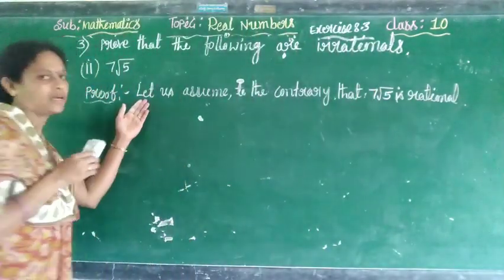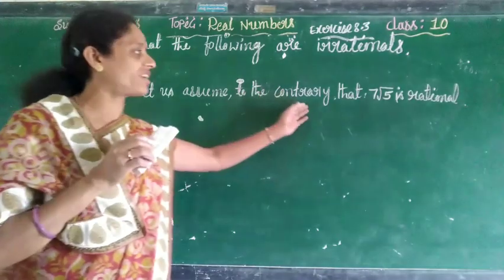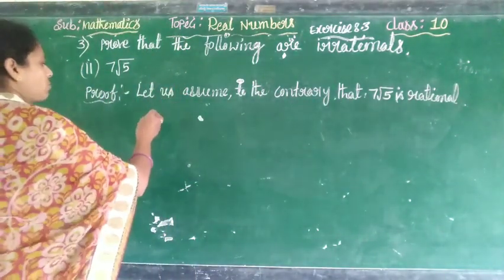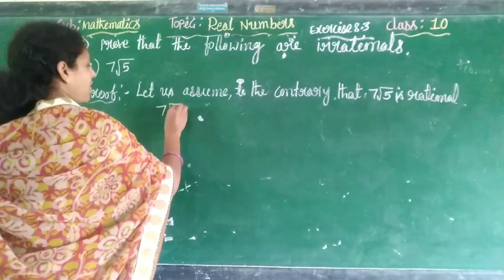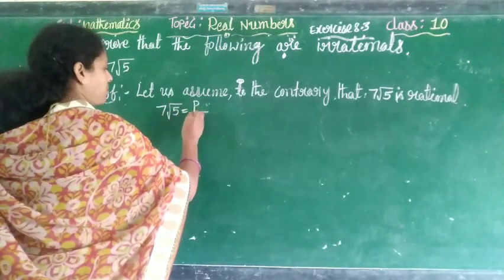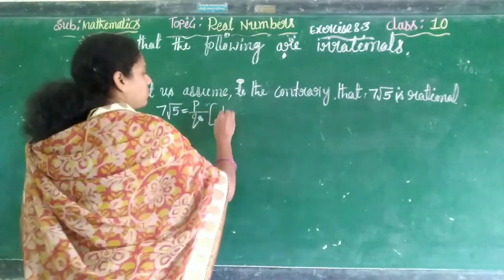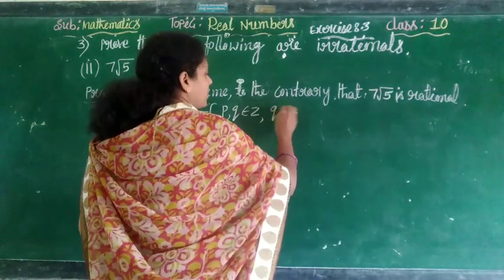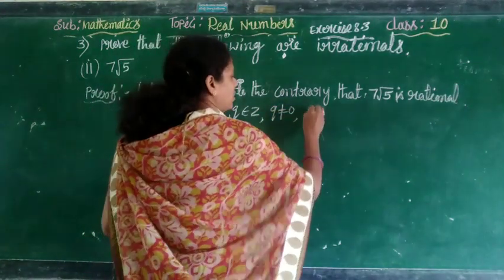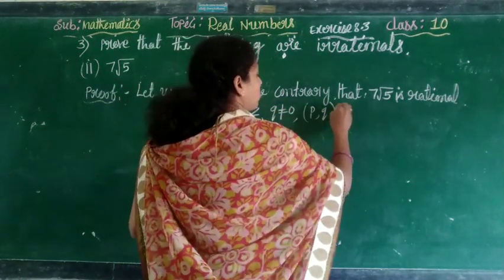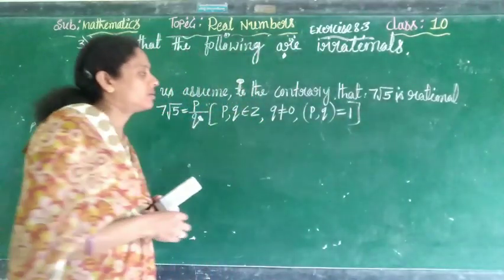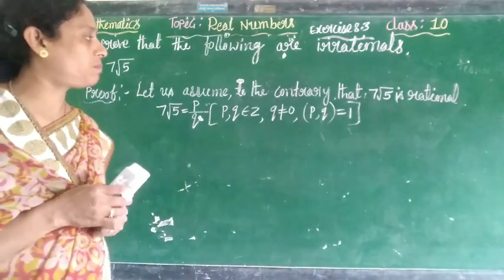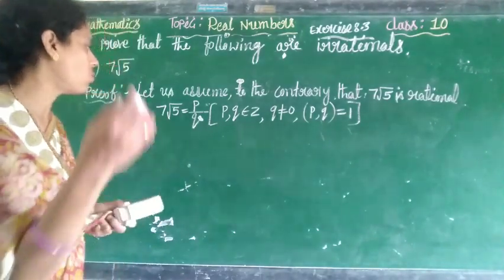So 7 by root 5 is equal to p by q, where p, q belongs to Z, where q is not equal to 0, and gcd of p and q is equal to 1. There is no other common factor of p and q other than 1.